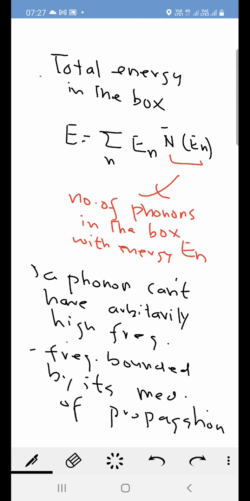If the phonon travels between, say, two clamps, the first clamp and the second clamp, and it travels only this much, we say that this corresponds to n is equal to 1.